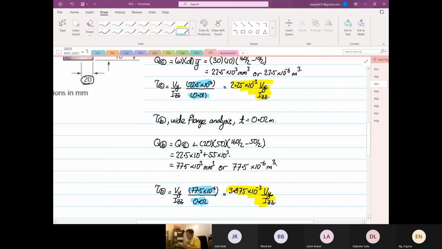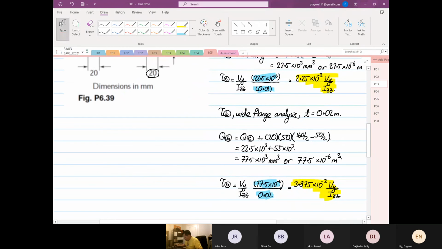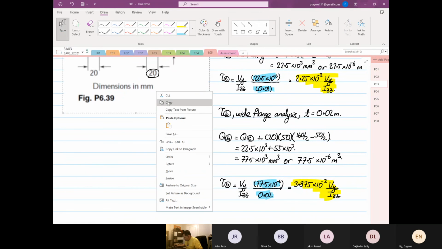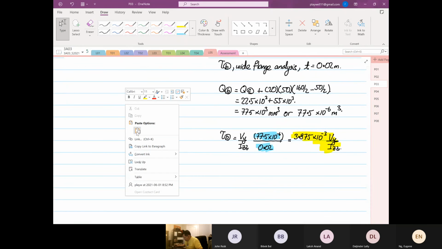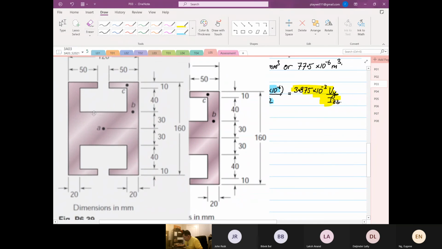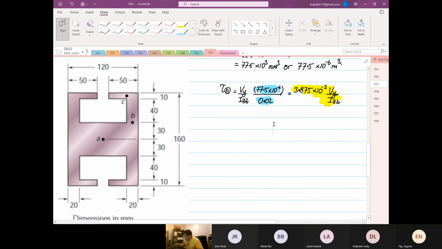Next, I'm going to copy and paste so we can see the diagram better. So next, we're going to find the shearing stress at point A using thick wall analysis.